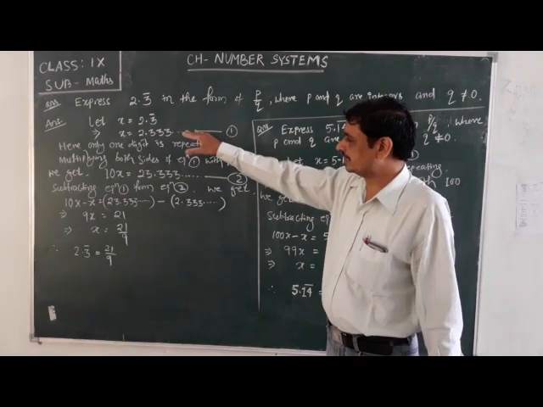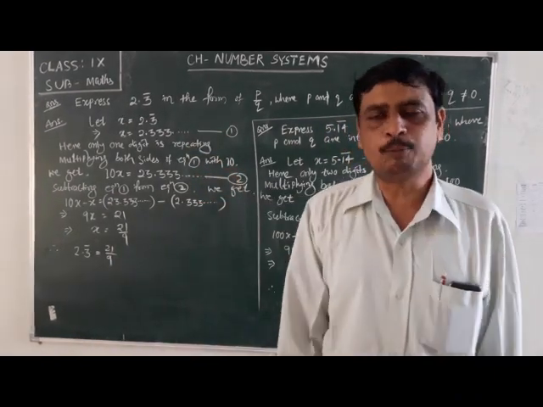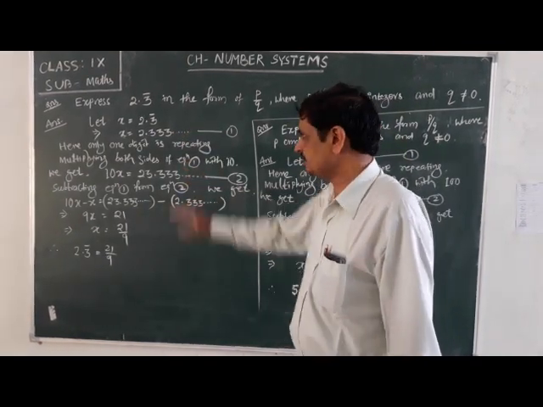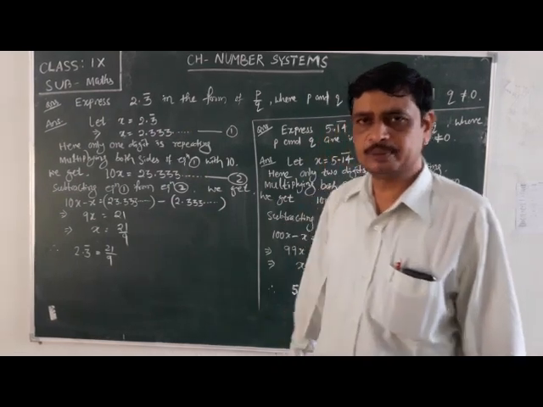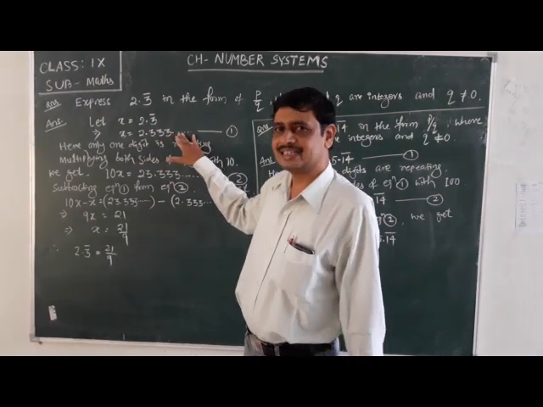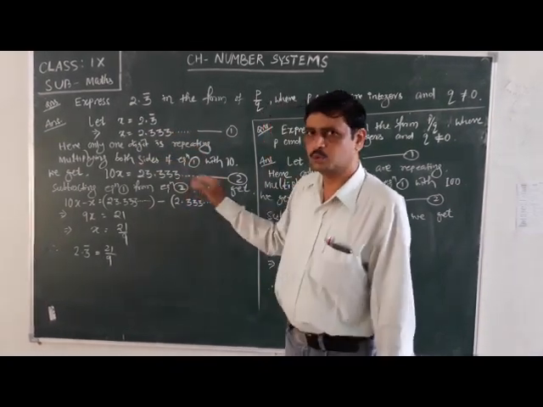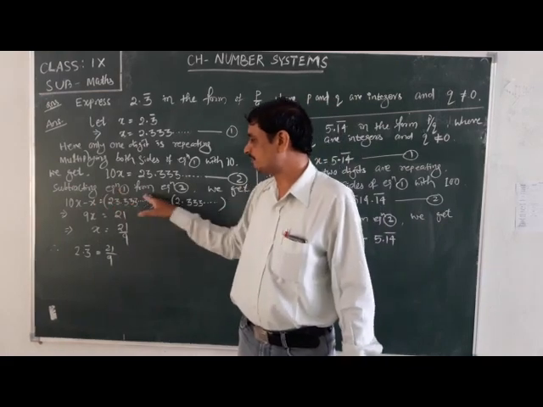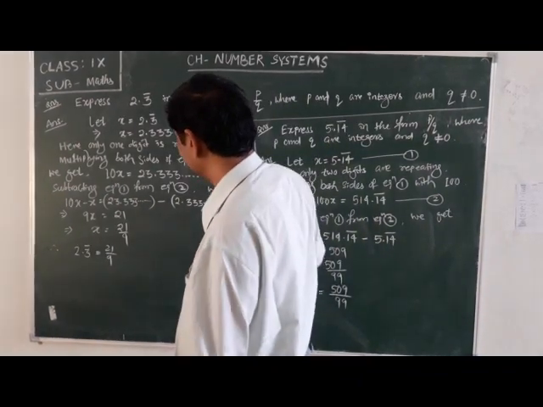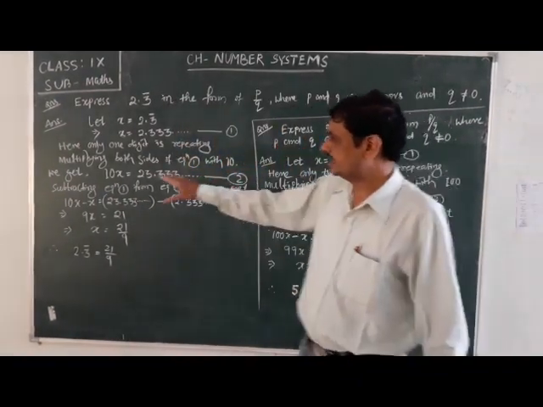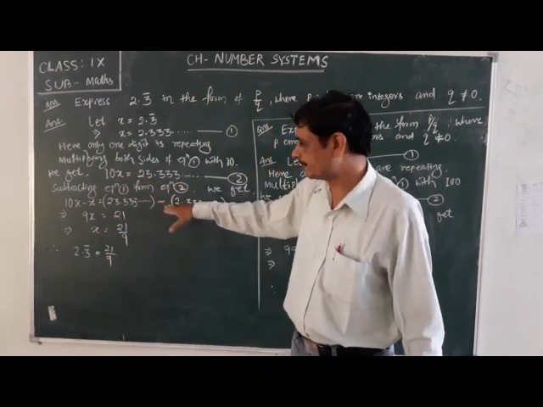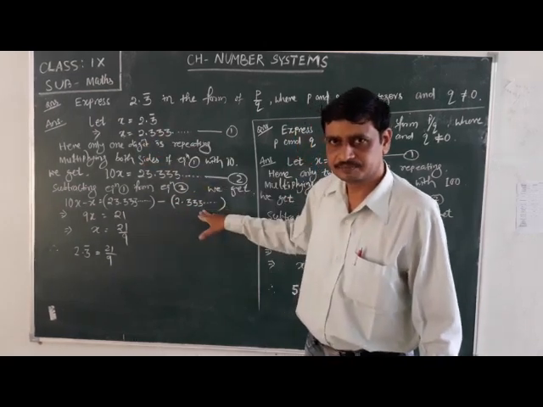Now look, both equation 1 and equation 2 have the same decimal part, that is 3 bar in both equations. Now equation 1 is subtracted from equation 2. When we subtract the first equation from the second equation, we get 10x minus x equal to 23.3 bar minus 2.3 bar.